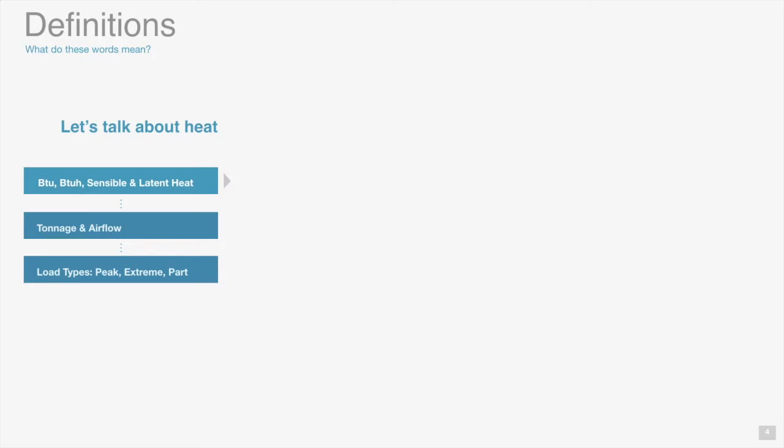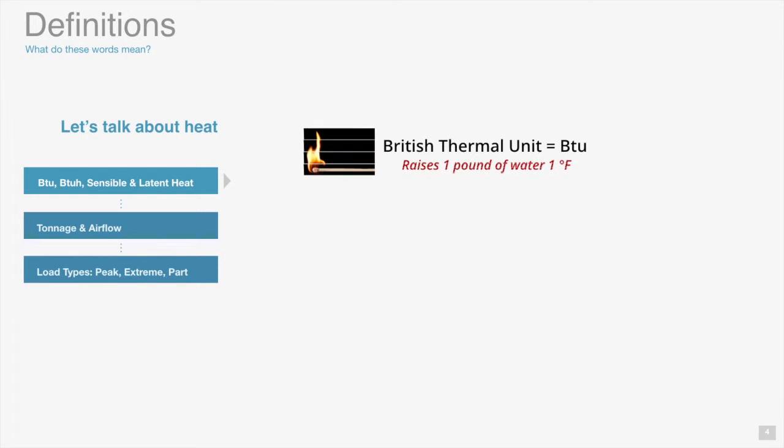So, let's talk a little bit about heat. BTU is a British thermal unit. I don't know why exactly we're using it, but you can think of it as like a kitchen match. It's enough heat to raise 1 pound of water 1 degree Fahrenheit, and it describes a quantity of heat. That's important to remember.